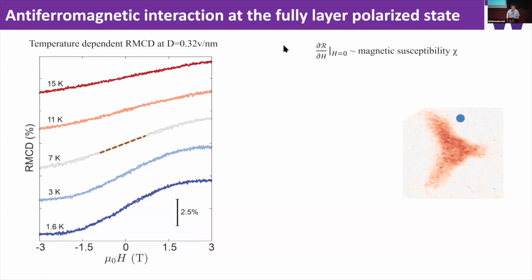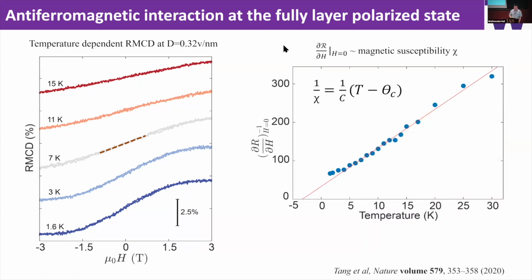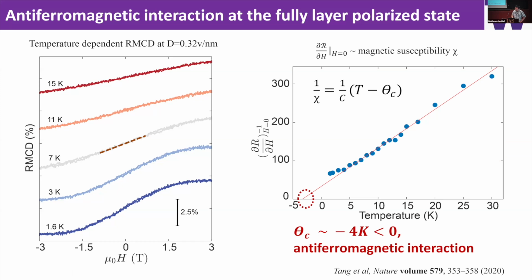Then we plot this slope as a function of temperature. If we consider the slope to be proportional to the magnetic susceptibility, then we can fit these dots to the Curie-Weiss form, and we get a Curie-Weiss temperature of around -4 Kelvin.